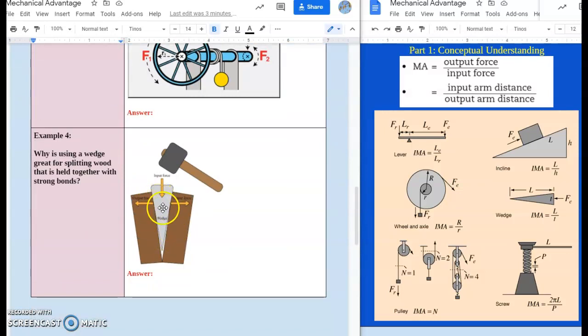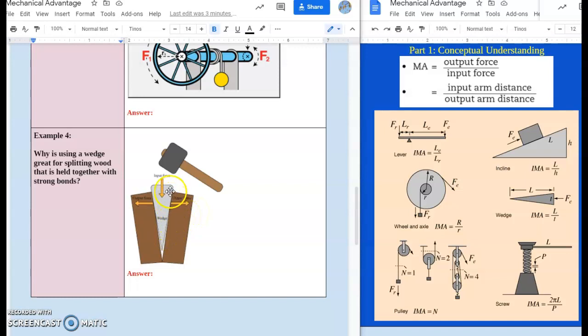Now, taking a piece of wood and trying to split it open with my bare hands would not be possible unless I'm Captain America. The reason is the bond between the wood fibers, the lignin, is very strong. That's why we use wood to build things like desks, chairs, and houses in the old days. But by using a simple machine, we can split it open with less effort. How does a wedge work?